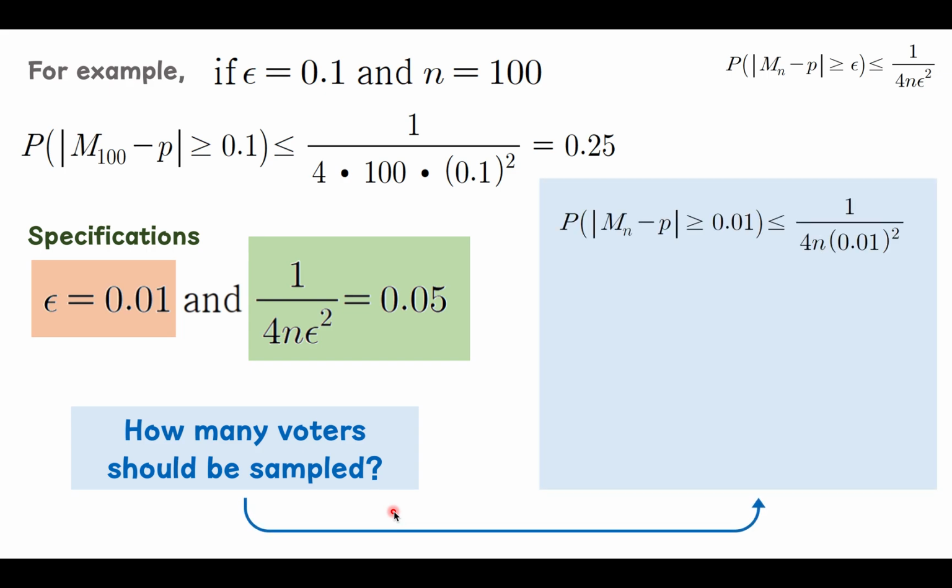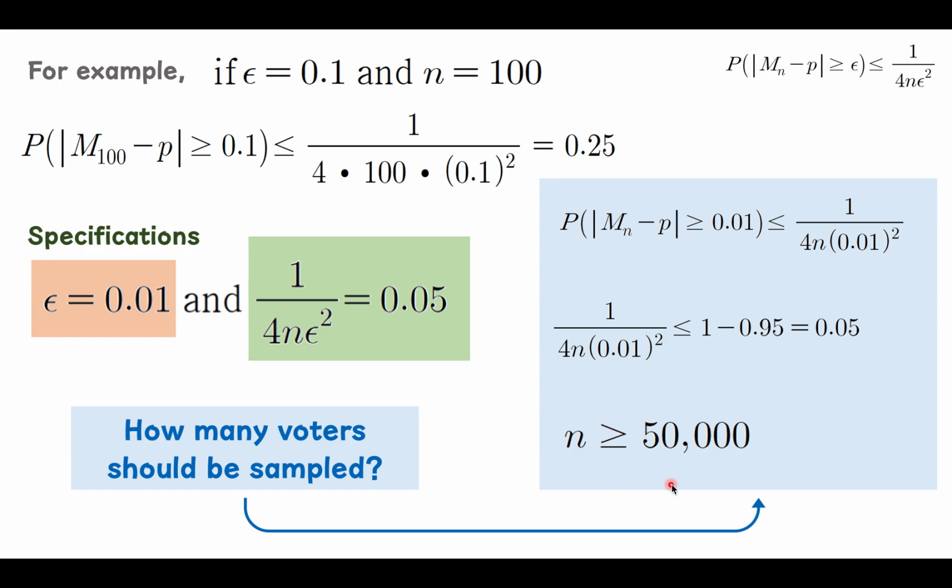If we put the given values in the formula and calculate like this, we gain the range of n values. As a result, at least 50,000 voters must be selected to satisfy the specification.